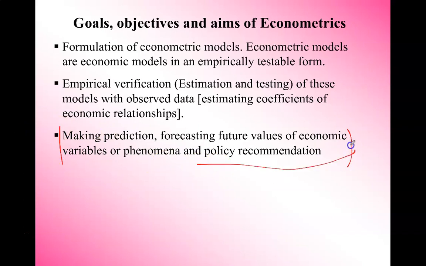For example, how does any government in this world make decisions? I lead you back to 1997, 1998, the Asian financial crisis. How does the government make the decision to peg the ringgit Malaysia to the US dollar?